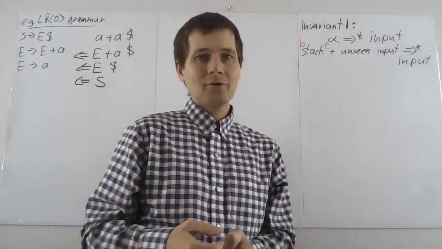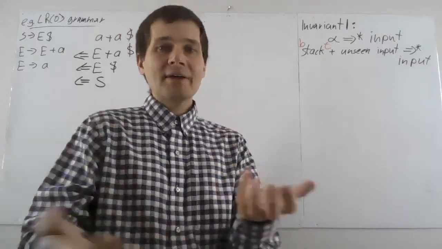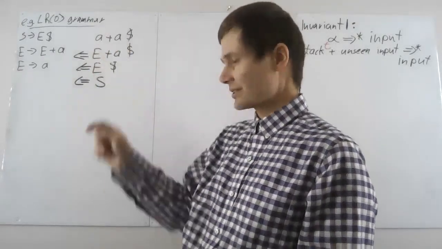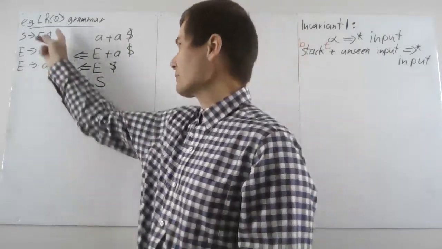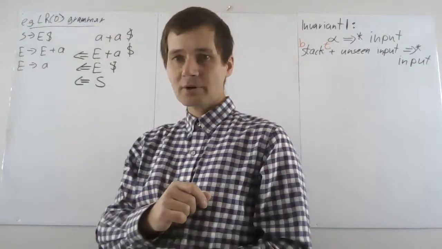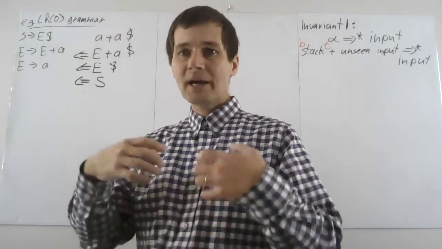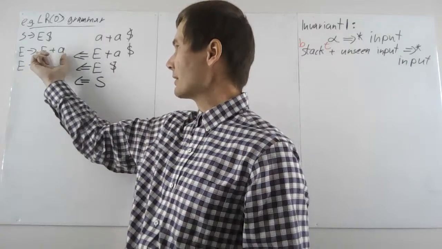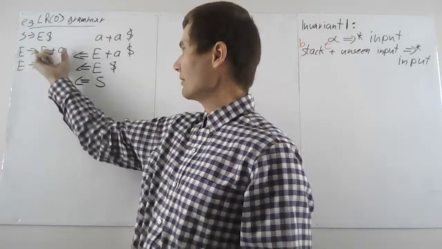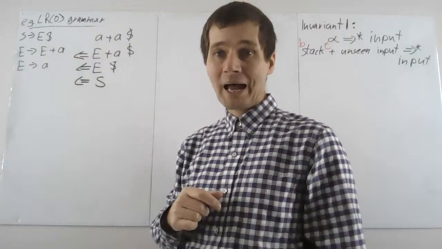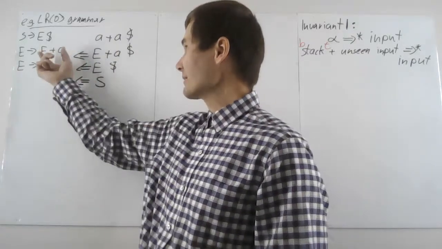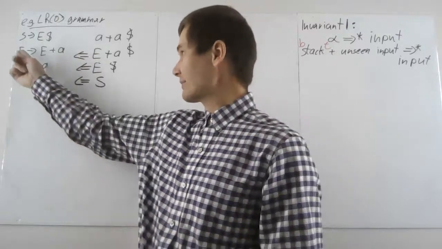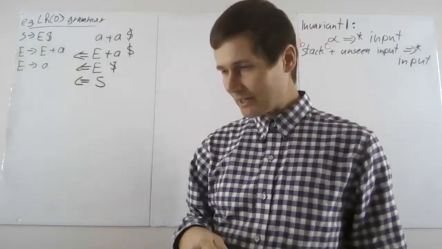And then the other operation, which actually does change alpha, which takes a step in the derivation, is when we apply one of these production rules. We're applying a production rule in reverse by finding the right-hand side of that production rule at the top of the stack and popping that off and pushing the left-hand side back onto the stack.